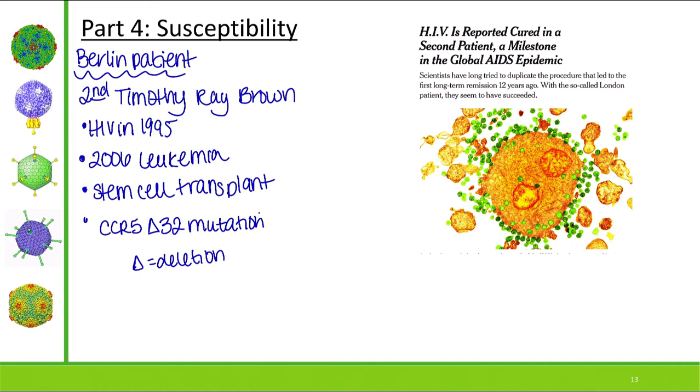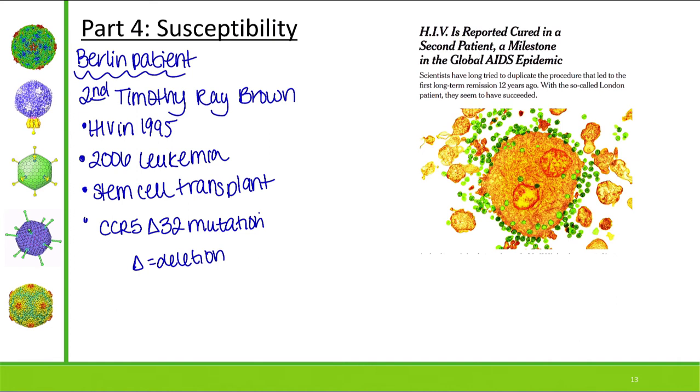So when we talked about HIV, we talked about the two receptors that HIV uses. So we said that GP120 requires CD4, and when it interacts with CD4, it then needs a co-receptor, a CCR. Usually it's CCR5.